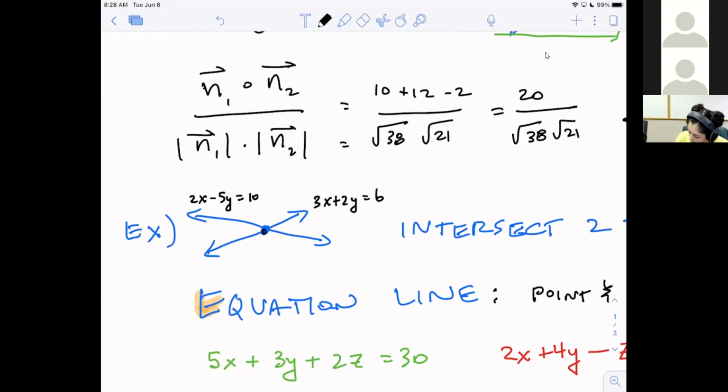And so one of the classic ways to do this, as a reminder, is if I took 2x minus 5y equals 10 and 3x plus 2y equals 6, is to eliminate a variable by not working so hard, because if I solve for y or for x, I'm going to get this bunch of ugly fractions.